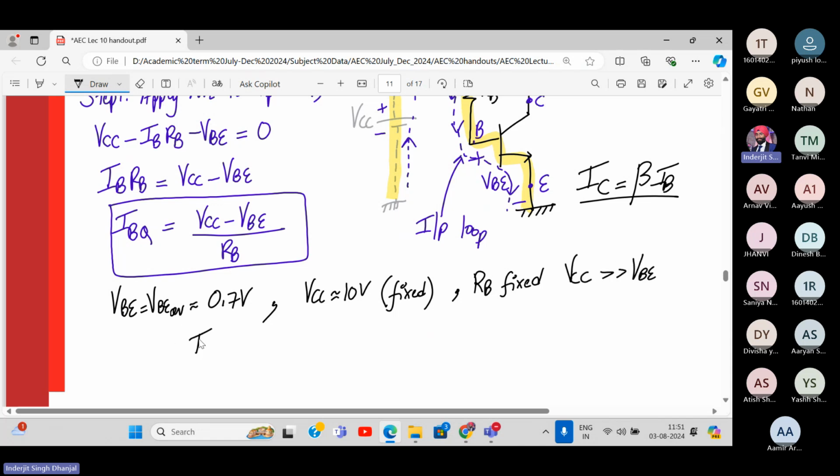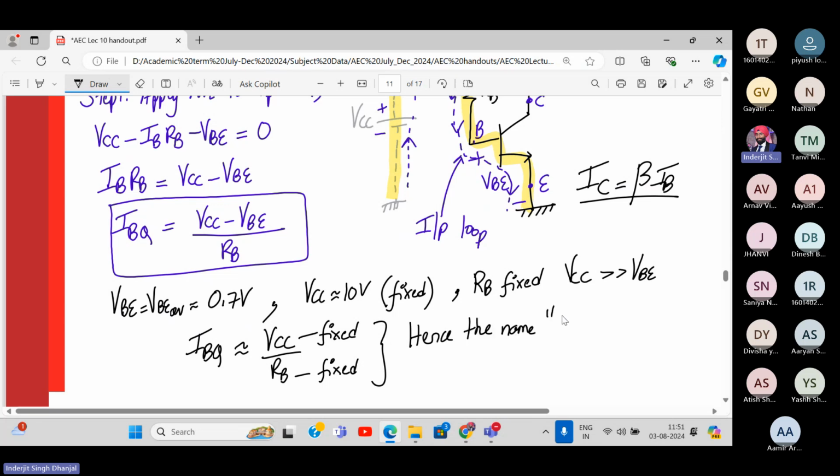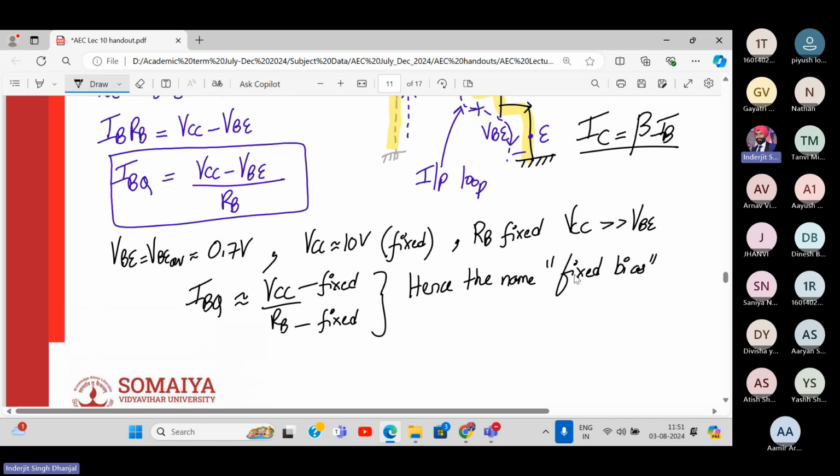So your new expression will be IBQ approximately equal to VCC upon RB. And both are fixed. This is fixed. This is also fixed. Hence the name fixed bias circuit. Are you understanding? Yes or no?